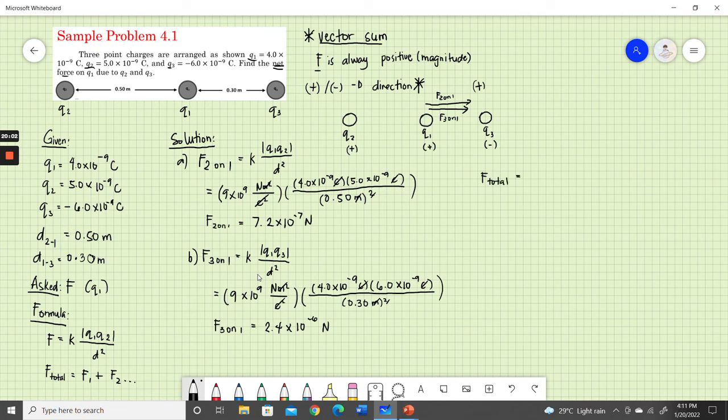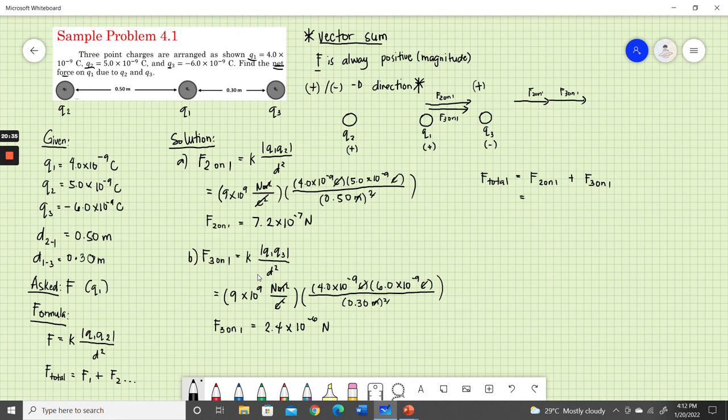I'm going to add F2 on 1 plus F3 on 1. Since they're facing the same direction, this puts these two together. This is my vector sum: F2 on 1 and F3 on 1, placing the tail of one force onto the head of the arrow of the other force.